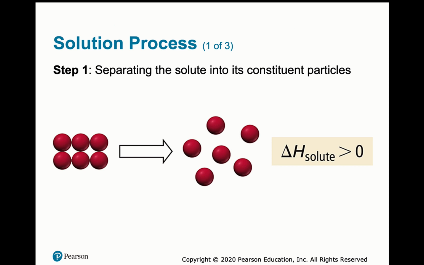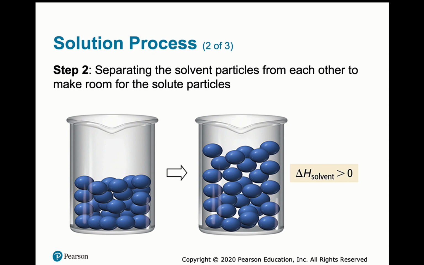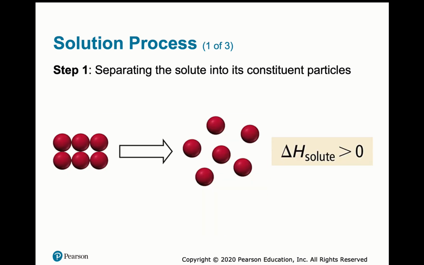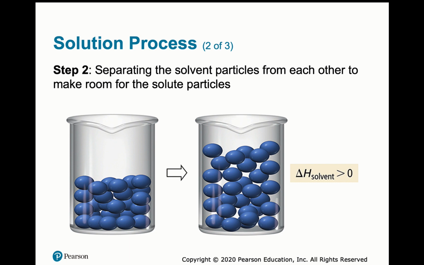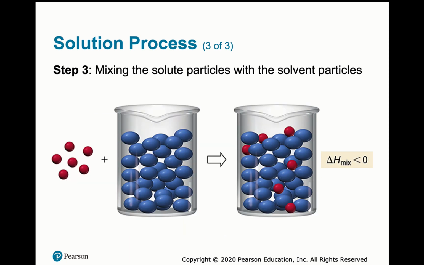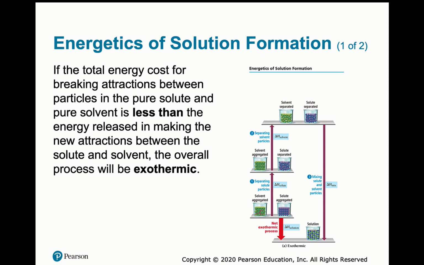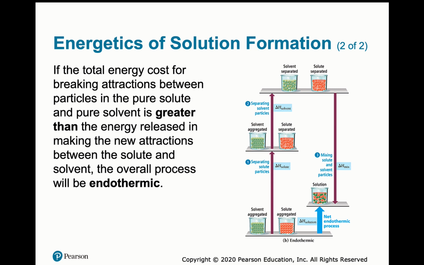Separating the solute and the solvent are both endothermic. Mixing these together is exothermic, and it depends on the relative strength of them. If the mixing process is greater than the other two steps, the overall process will be exothermic. If it's less than, it's going to be endothermic. Endothermic means it absorbs energy.